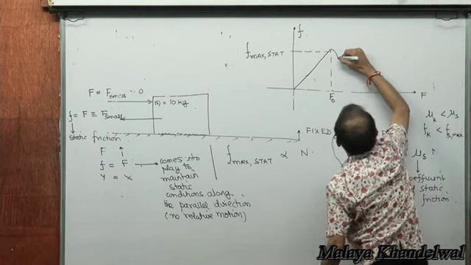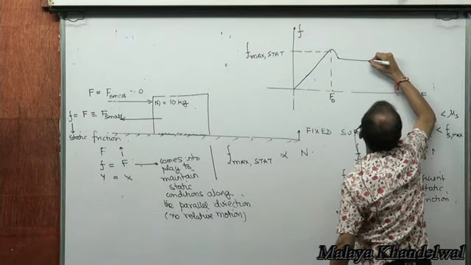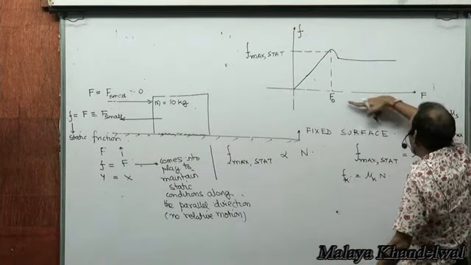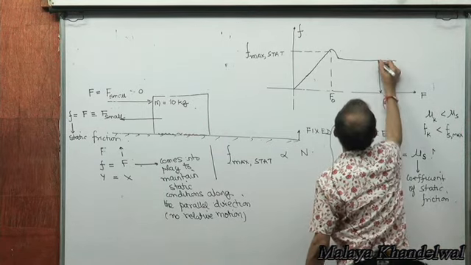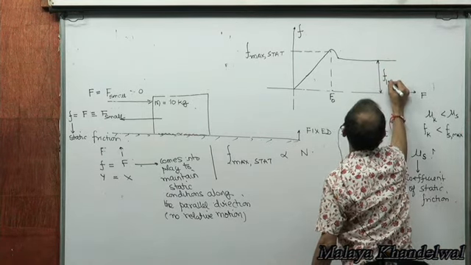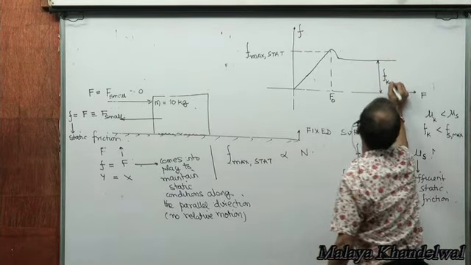Then, once relative motion starts, no matter how much you increase capital F, the frictional force will remain at a value equal to Fk. Friction would have resigned to fate. It would have given up. This is how it happens. Yes or no?